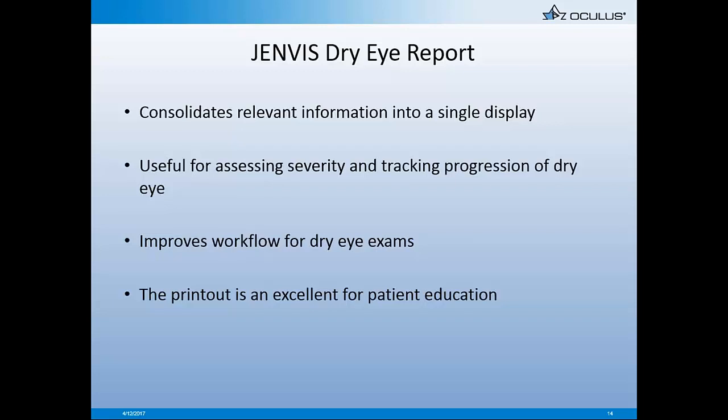It definitely improves the workflow of a dry eye exam from your technician's standpoint, makes it much quicker, much easier. And then I'm going to spend a little time on the printout, because I believe the printout is extremely important. I'm going to cover that in some slides coming up and explain why I believe that.